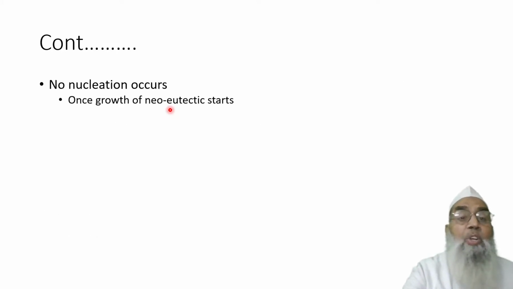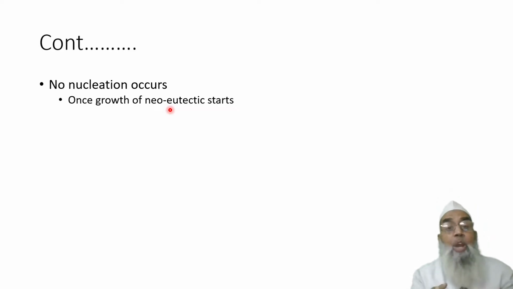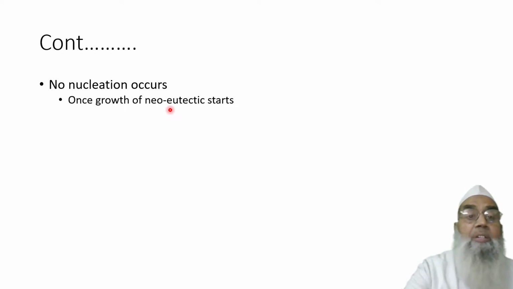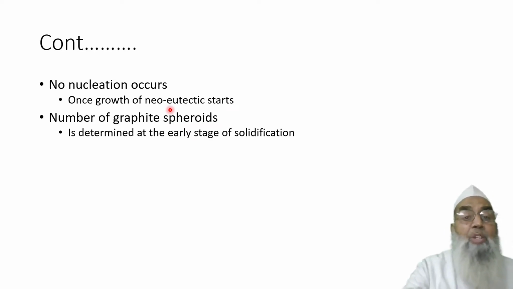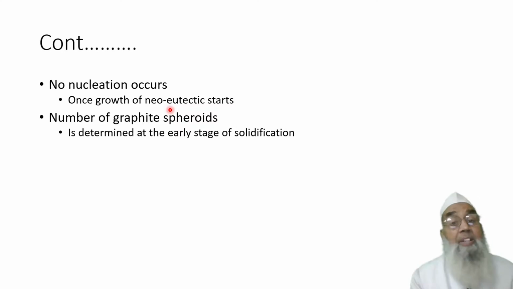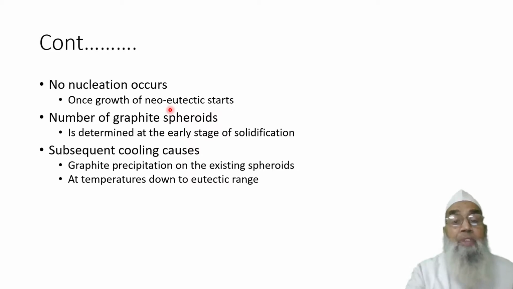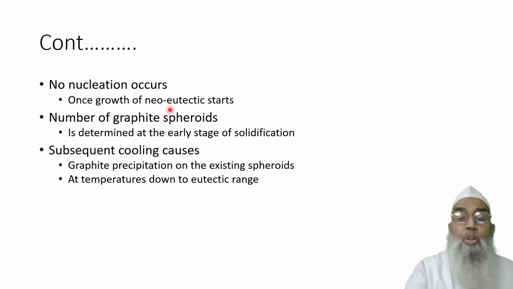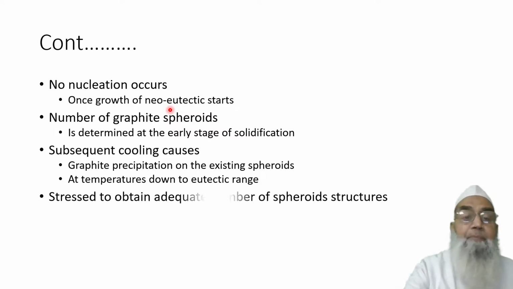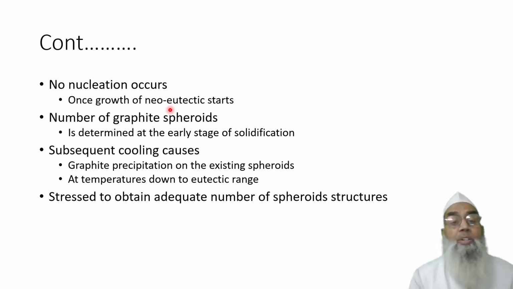Now, no new nucleation occurs. Once growth of the new eutectic starts, there is no nucleation. The number of graphite spheroids is determined at the early stage of solidification. Subsequent cooling causes graphite precipitation on the existing spheroids at temperatures down to the eutectic range. Stress must be given to obtaining an adequate number of spheroids.